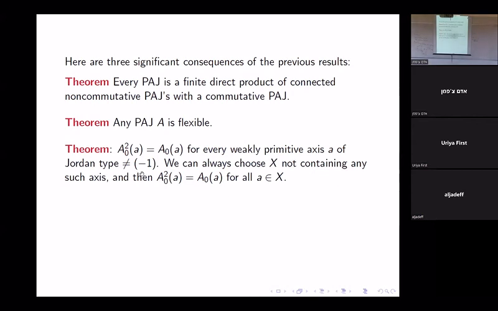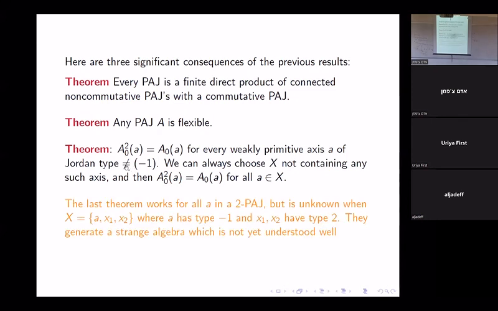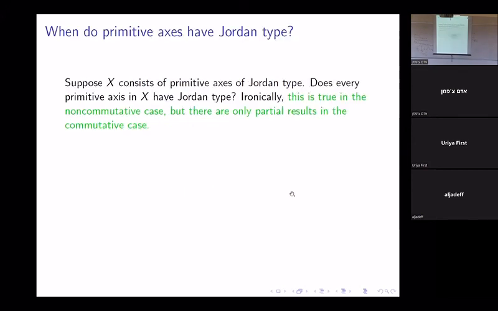Okay, so those are the three main structural theorems. But we still don't actually know the -1, 2 case. The three-dimensional case we know is true, but the three-generated case we don't know. Okay, so when do primitive axes have Jordan type?